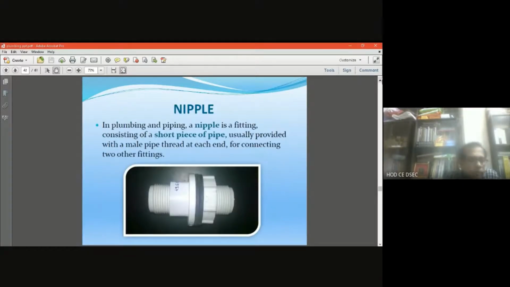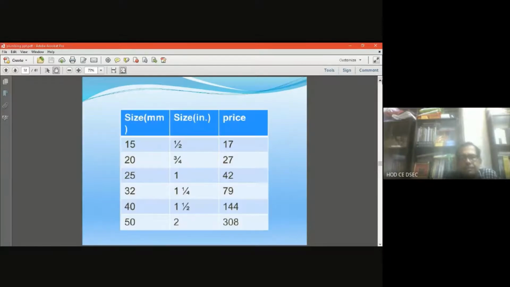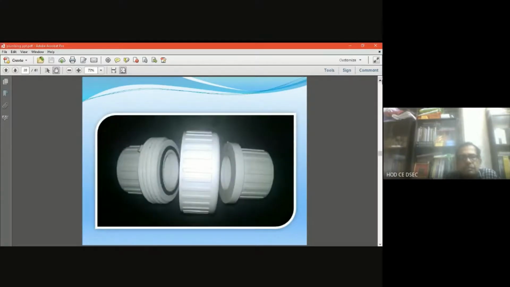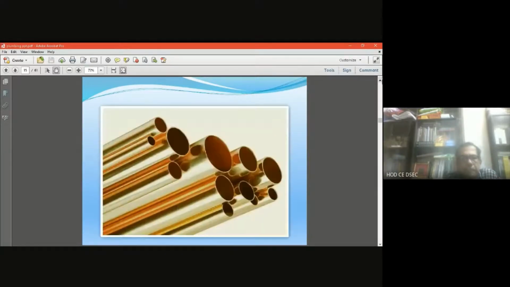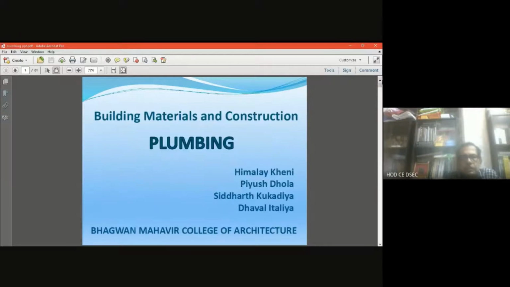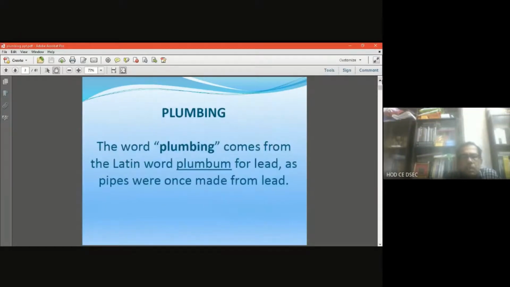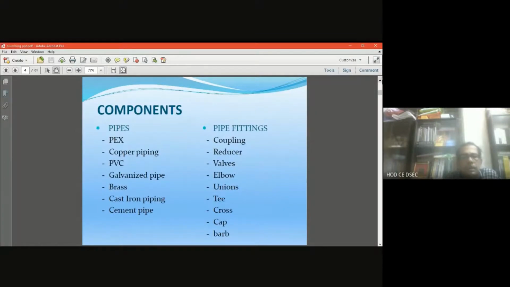Now I will discuss the other types of fittings. Before going to other types of fittings, let me first describe the components of plumbing.